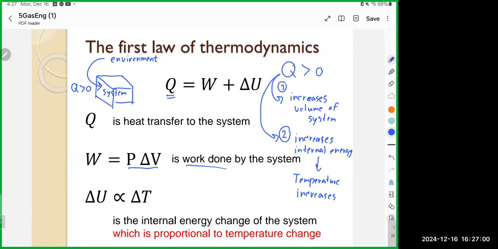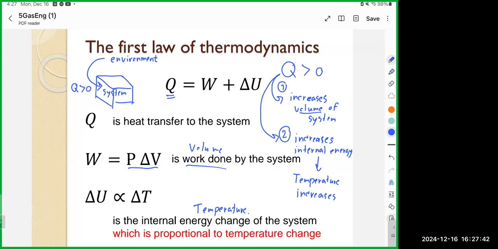So the interpretation for this one is that when the heat goes inside the system, it can be changed into two things. The first thing is about volume. And the second thing is about temperature. That's it. Okay? Two things. Volume or temperature can be changed from the heat outside.